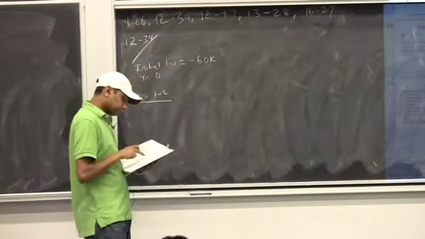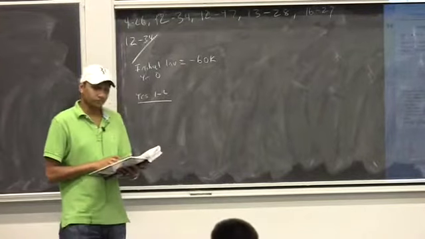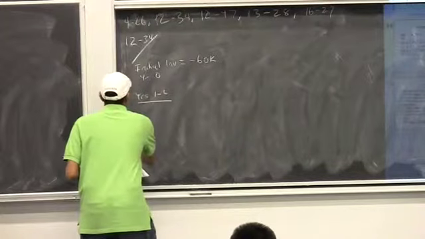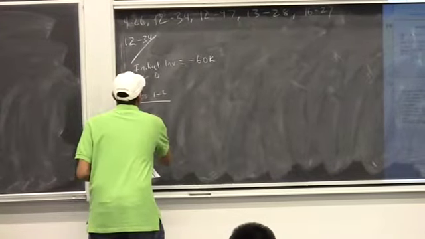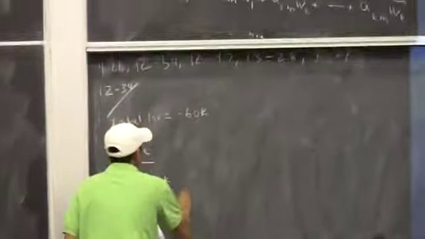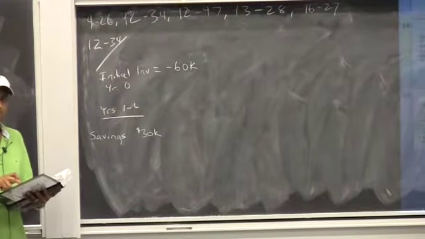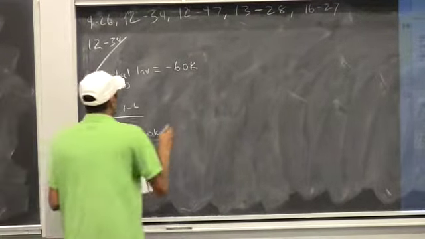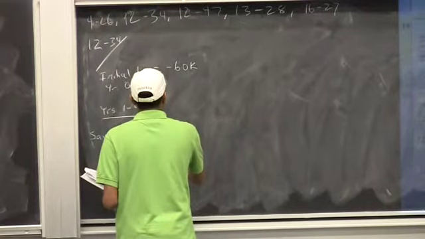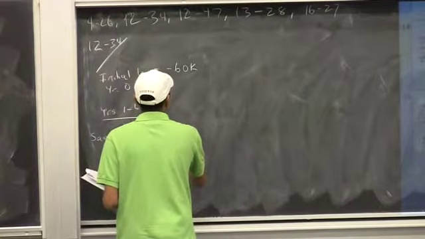Let's see here. It says that it'll generate annual savings of 30,000 a year, right? So here's our savings of 30K. So 30K is pre-tax, and they said that there's a tax rate of 40%. So if you do after tax, multiply that by 1 minus 0.4.